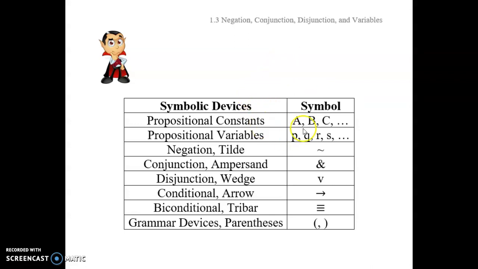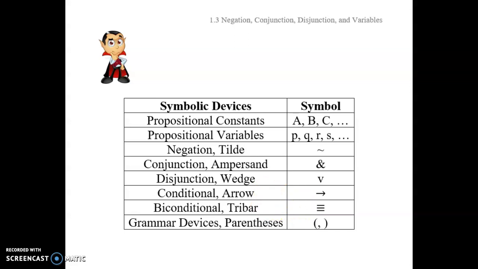So today we're just going to cover these guys here, the propositional constants, the propositional variables, negation, tilde, and wedge, okay? And then after that, we have individual units on the material conditional or arrow, the biconditional, tribar.